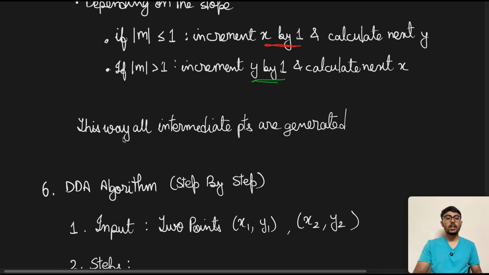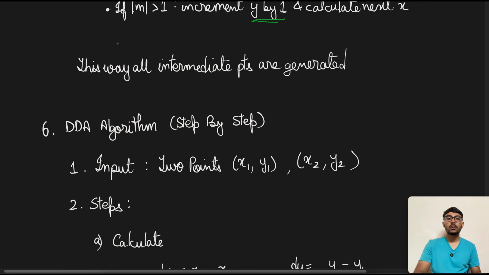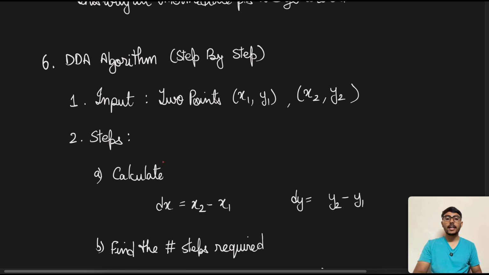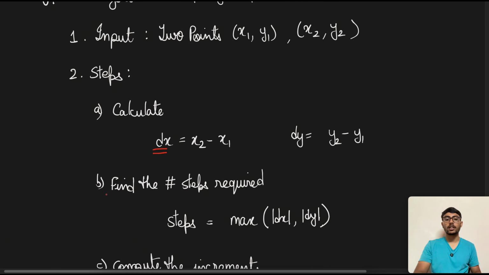Then we come to the DDA algorithm, the step by step procedure which was asked in the question. So first input, which is the two given points (x1, y1) and (x2, y2). We calculate dx and dy, right, the differences x2 minus x1 and y2 minus y1. Then we find the number of steps required.